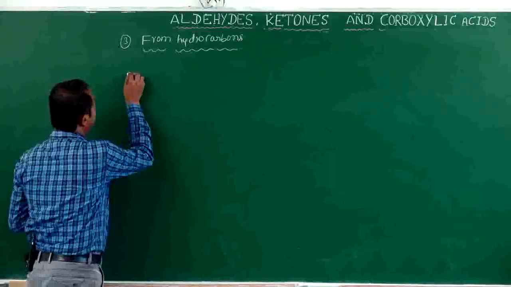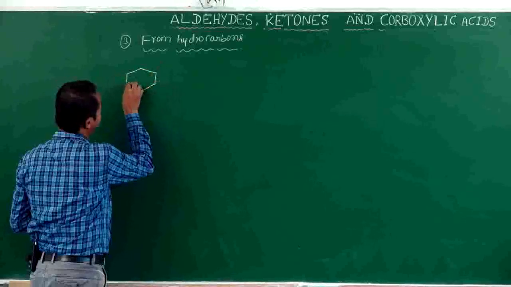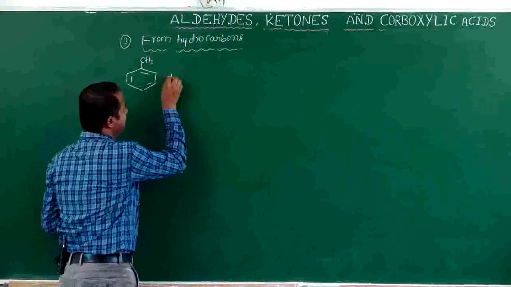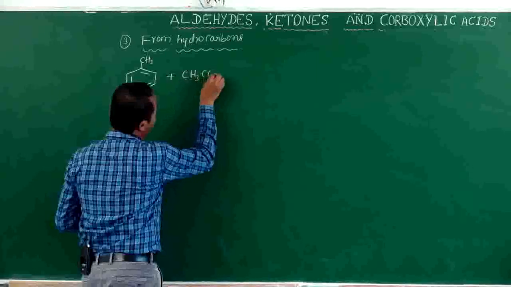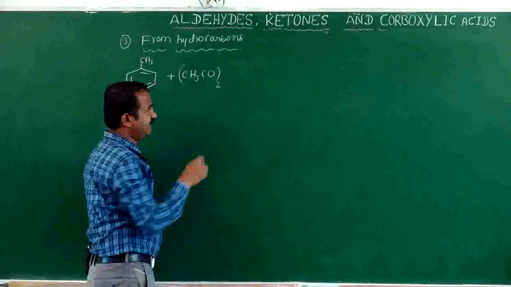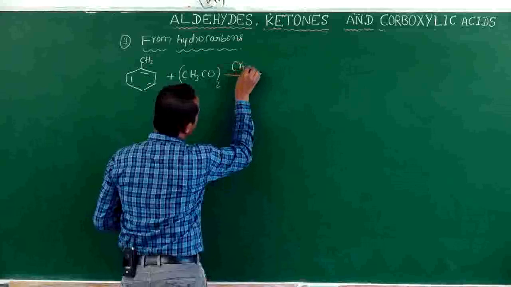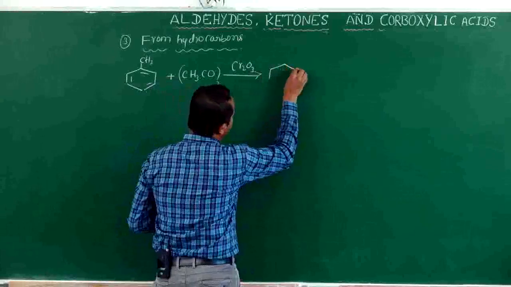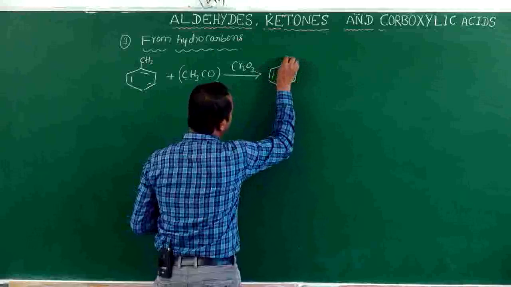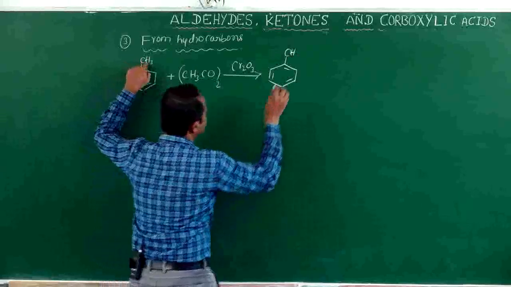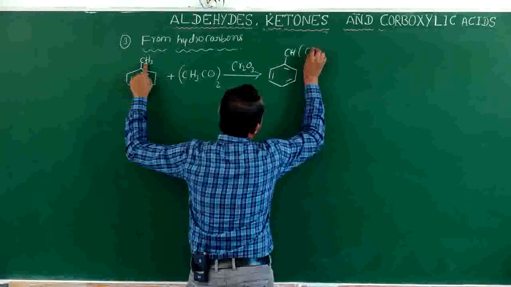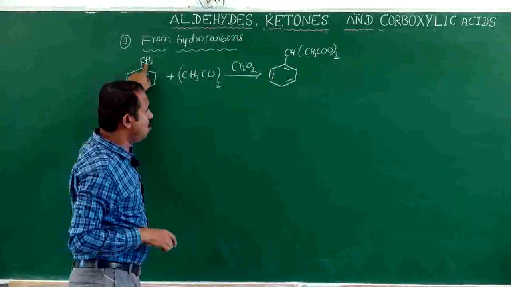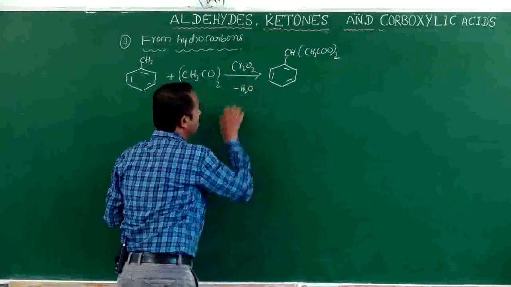Another one: toluene reacts with acetic anhydride in presence of chromium trioxide to form an intermediate product, CH with two CH3COO groups, with removal of water.